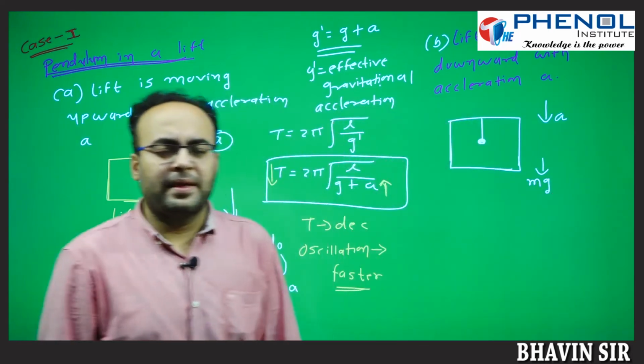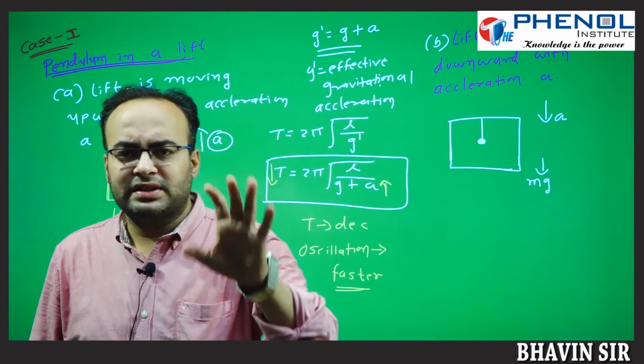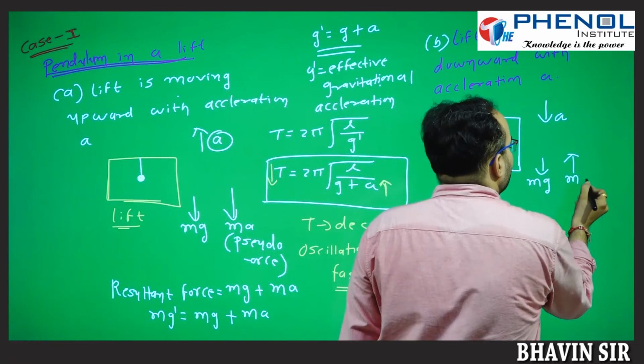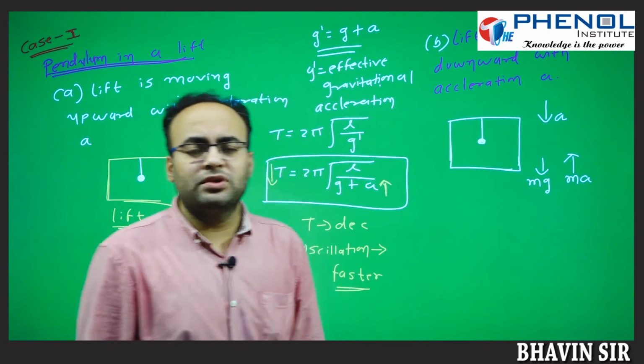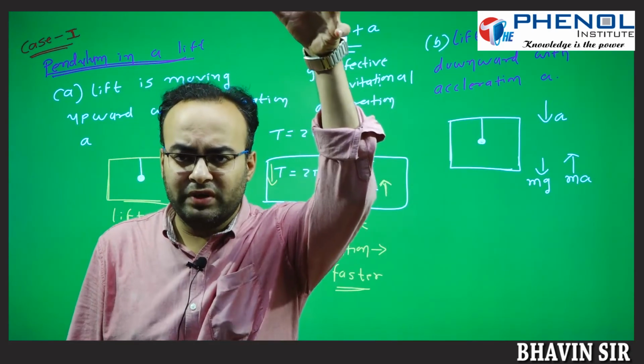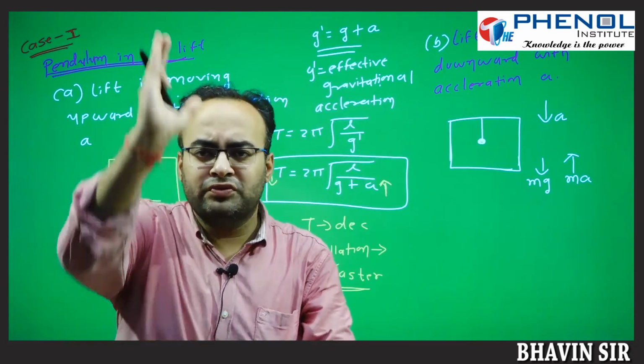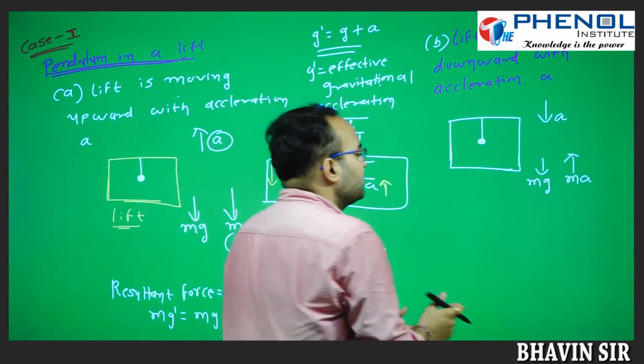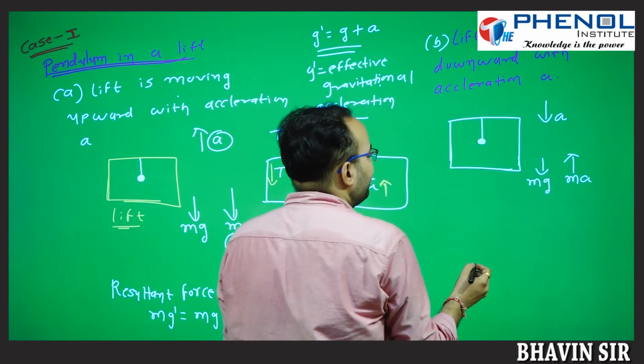If mg is in the downward direction, then the pseudo force is upward. Why is the pseudo force upward? Because the lift is moving in the downward direction. Pseudo force is always in the opposite direction. So ma is the pseudo force in the upward direction.